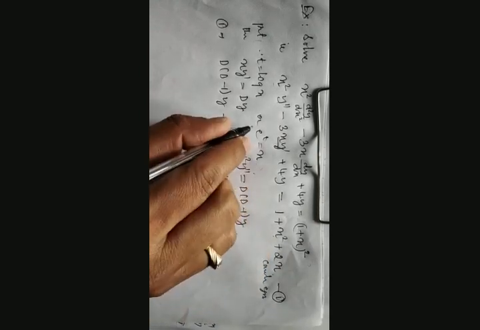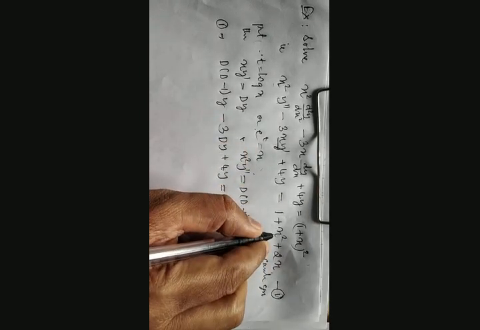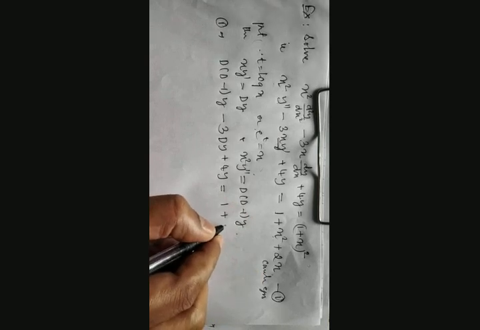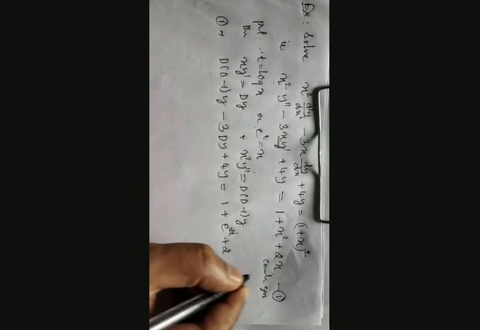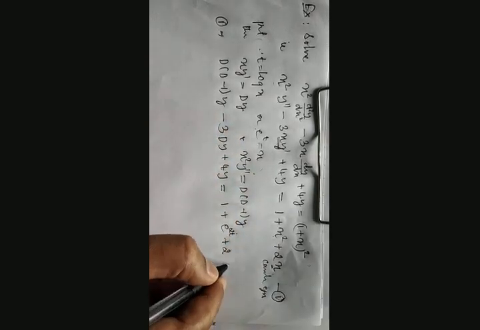Then what is the replacement for x? e raised to t. Then what will be there for x square? e raised to t the square means e raised to 2t, plus 2 times the replacement of x, which is e raised to t. Therefore, simplify this.